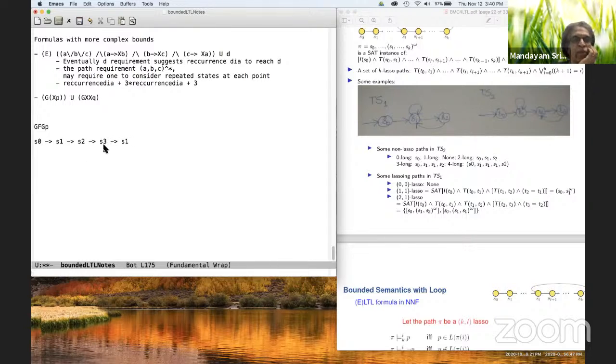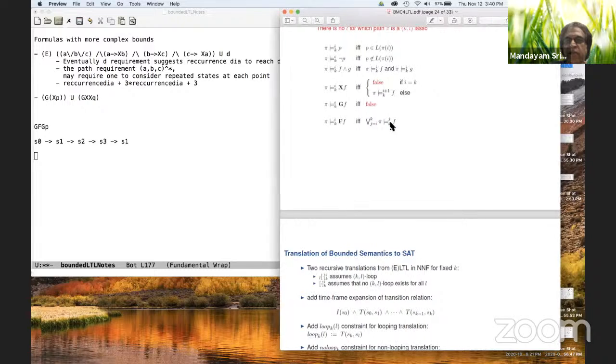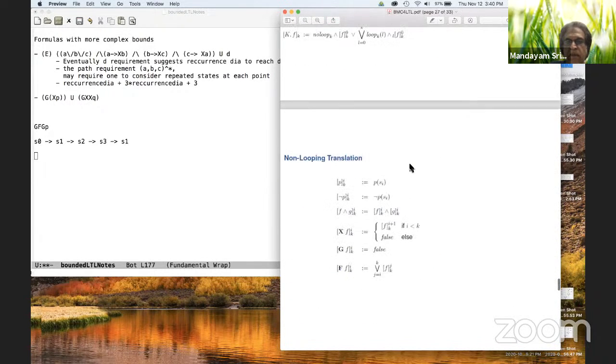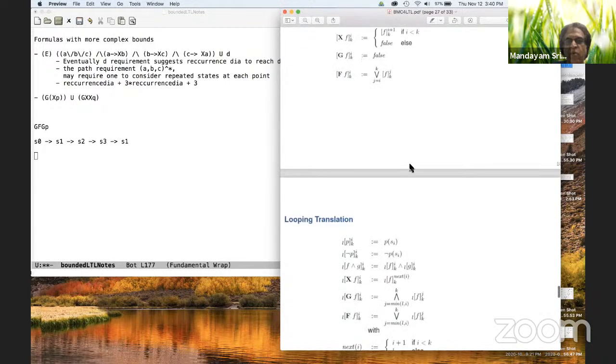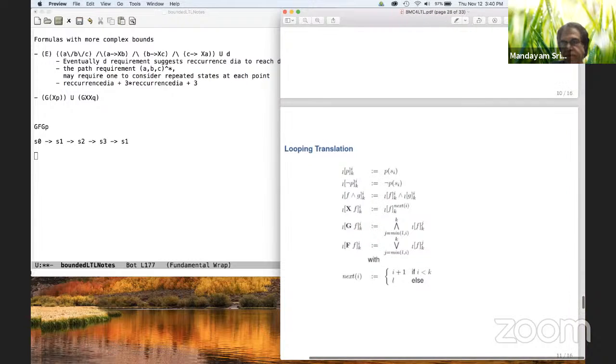So this is a lasso from S3 back to S1. This is a looping path, so you'll get a translation of this kind.